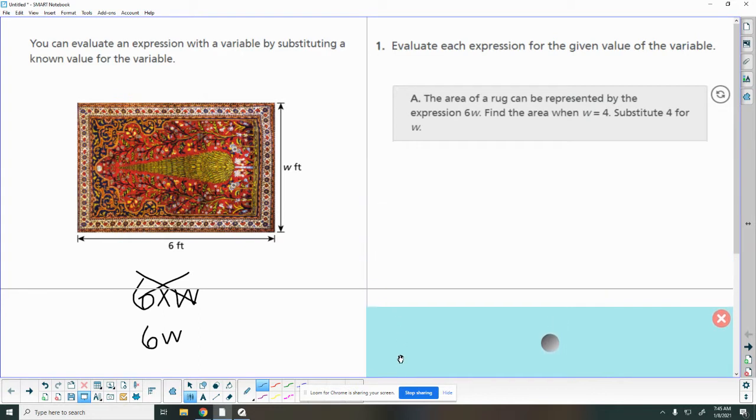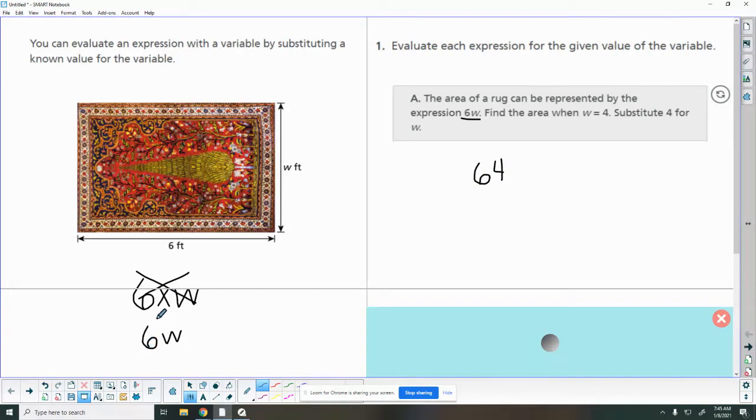It is telling us that the area of a rug can be represented by 6W, which we already know. And we want to find the area when W equals 4. So we're going to substitute, or plug in, 4 where the W is. Now, one thing we want to watch when we're multiplying is we don't just want to write 64.